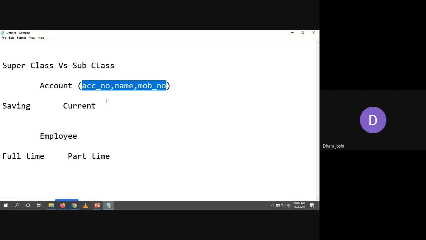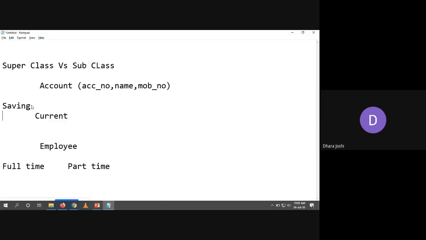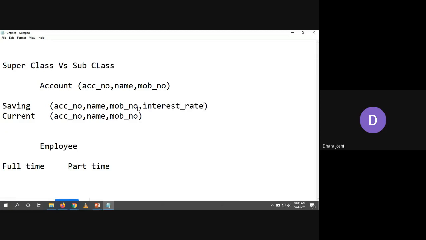So now there is no need for saving to individually have account number; all of these attributes are for both saving and current. But there can be some different values, like interest rate, which can be different for saving and different for current.